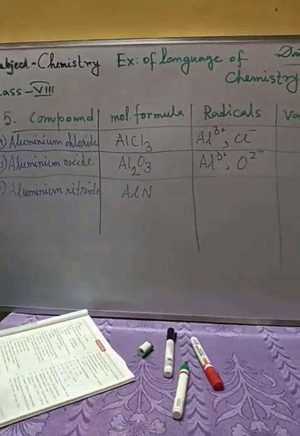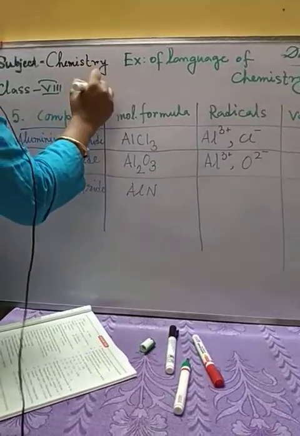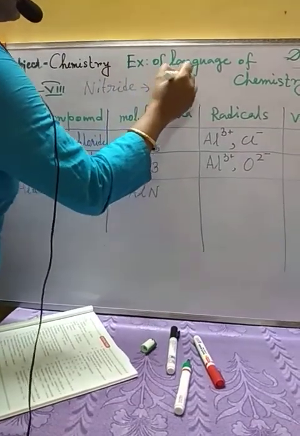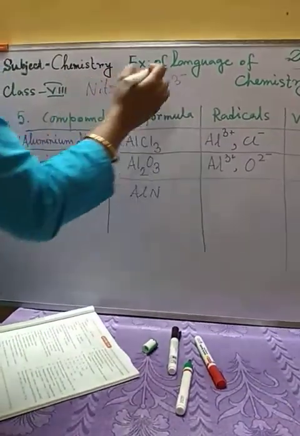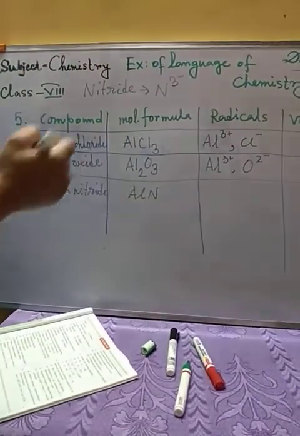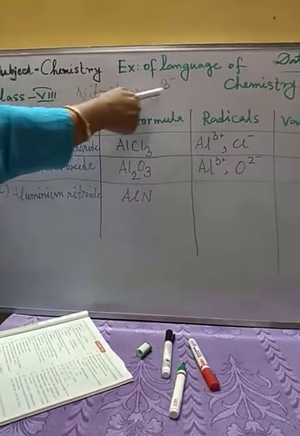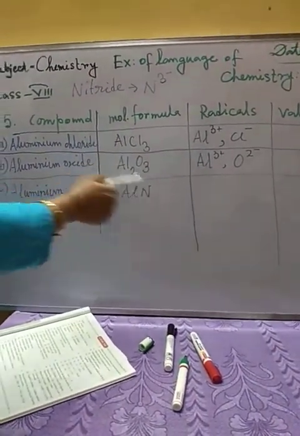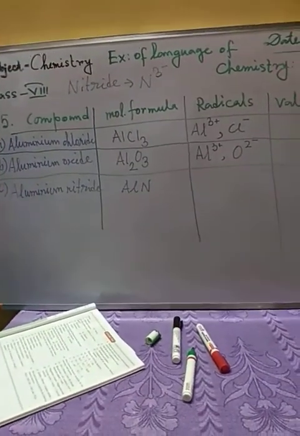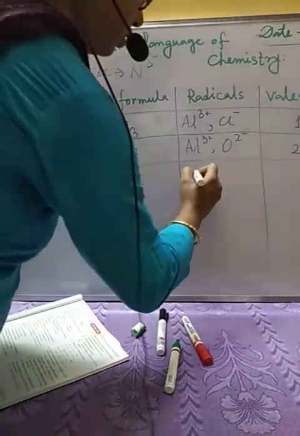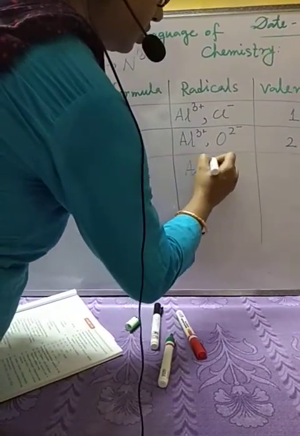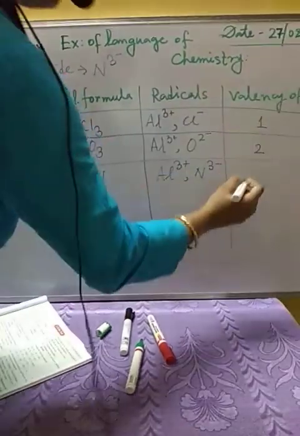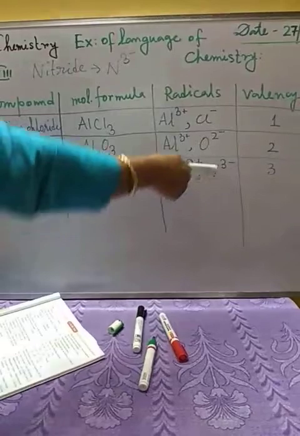The nitride radical is N3 minus. Both have valency 3, that's why their symbols are just written side by side. Radicals: aluminium Al3+ and nitride N3 minus. So the valency of anion will be 3 here, nitride.